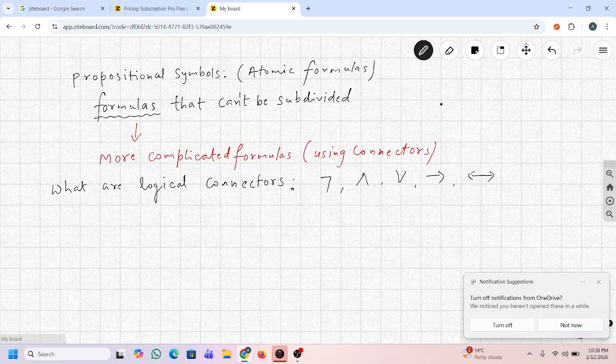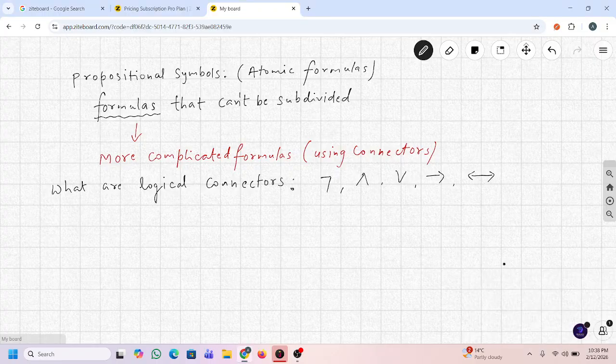So using these connectors we can derive more complicated formulas from atomic formulas.